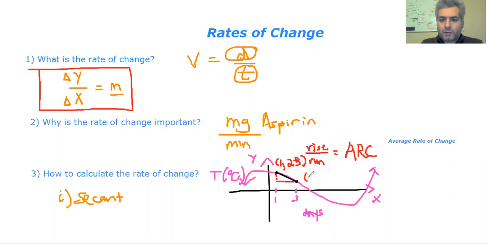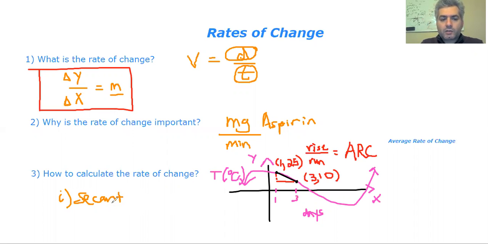And let's say at day 3, the temperature dropped to say about 10 degrees. So you have the coordinates of these 2 points.